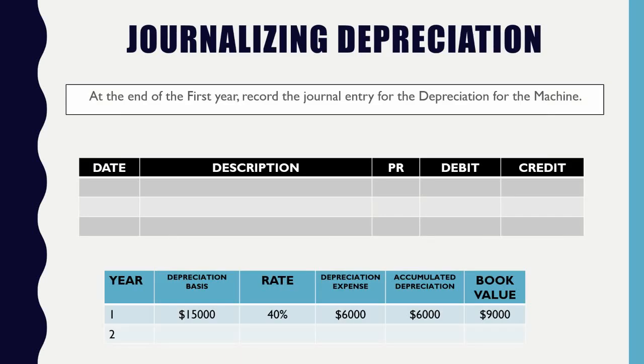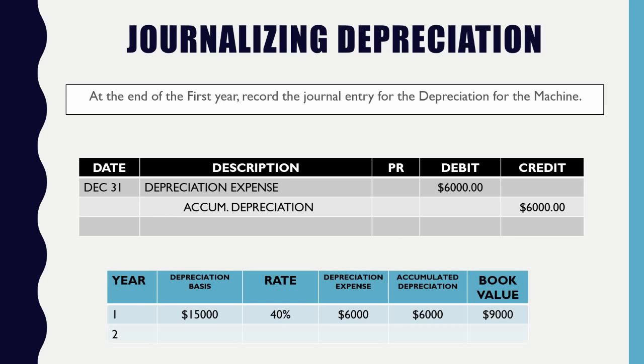Okay? So how do I depreciate? How do I journalize my adjustment? It's going to be the exact same journal. The only difference is, because of the way that you're calculating things, your debits and credits will be different. So in this case, you're still going to have your depreciation expense, and you're still going to have your accumulated depreciation.